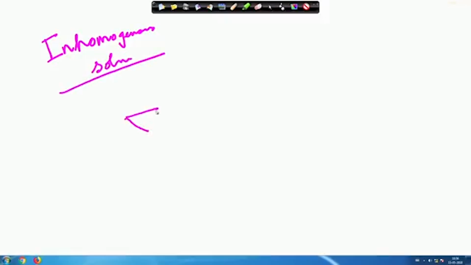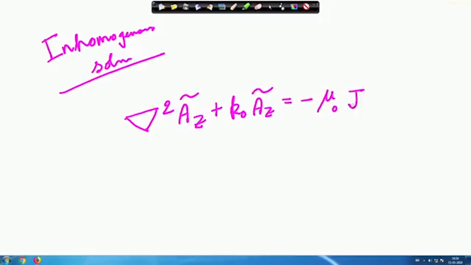So, what is the equation? Write the inhomogeneous equation. This was our inhomogeneous equation. Now, you see what was our solution, A z.